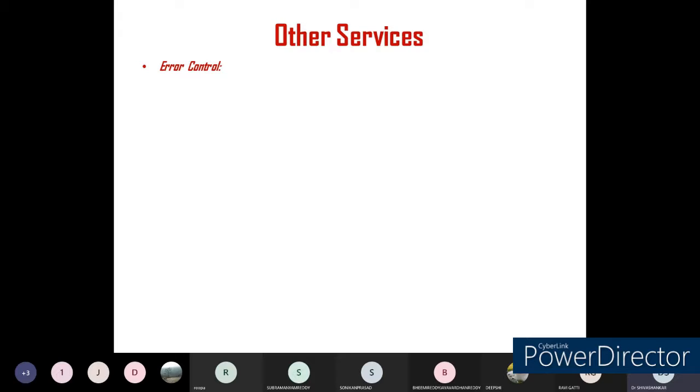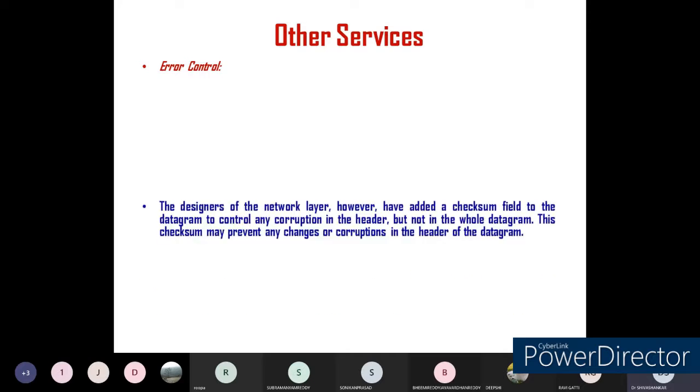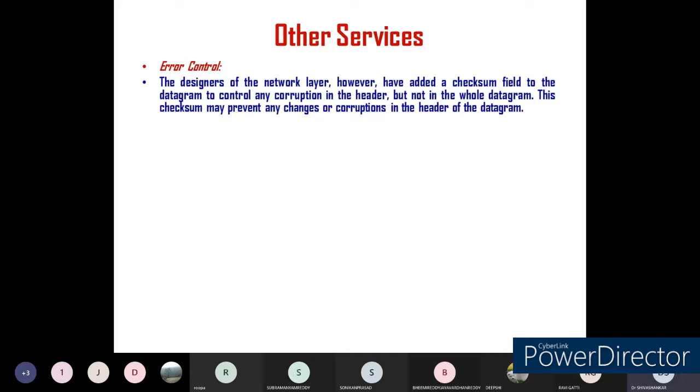So in the network layer, how do we control these errors or corruptions in the network? The designers of the network layer added a checksum field to the datagram to control any corruption in the header, but not in the whole datagram. It is only available in the header of the packet, not in the information.